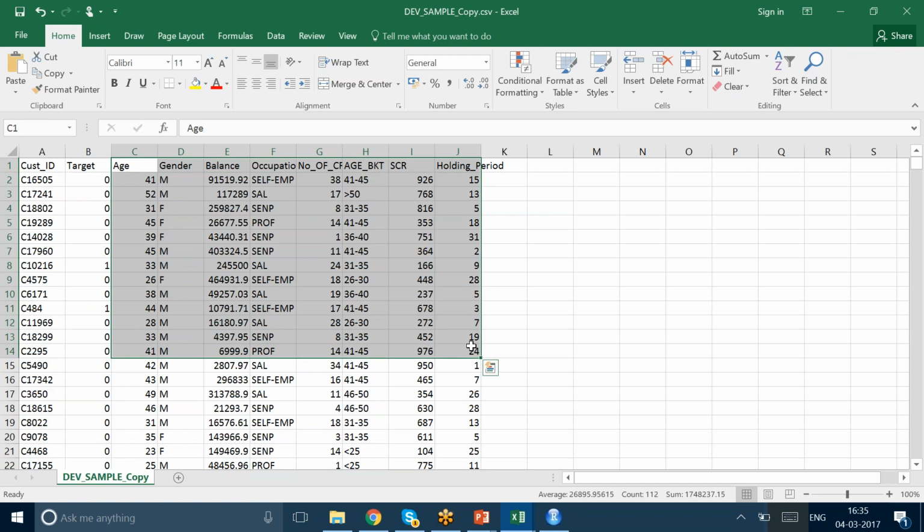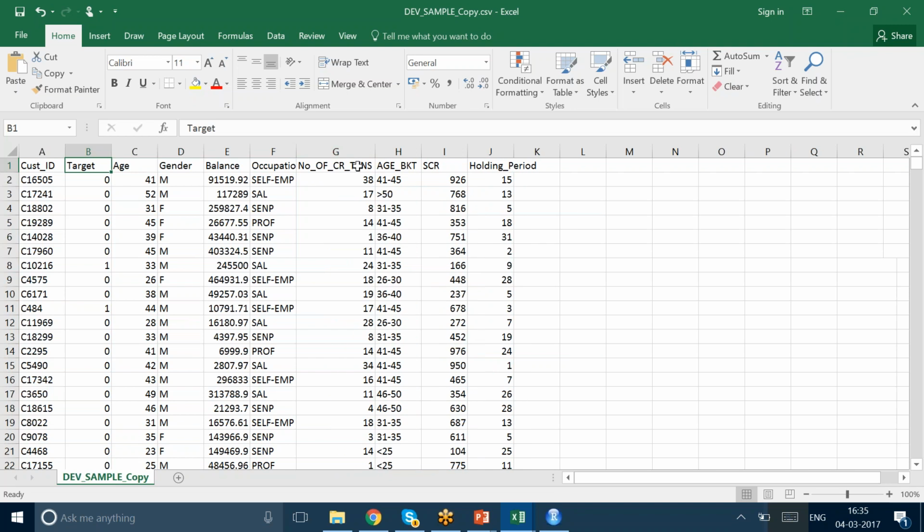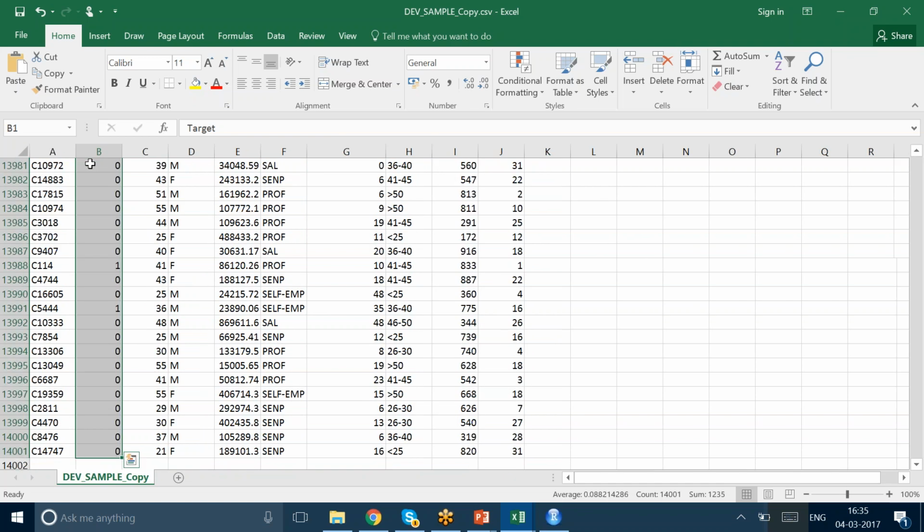For the time being, let us assume we are trying to establish a relationship between target and number of credit transactions. I want to build a relationship between this and this. So what we'll do is we'll build a linear relationship.